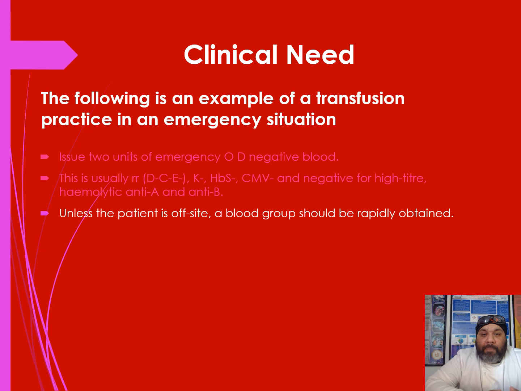And then, unless the patient is off site, a blood group should be rapidly obtained. So although that sounds quite primitive, generally, believe it or not, in transfusion laboratories and practice, it has been known that in emergency situations a patient's blood group may not even be known.